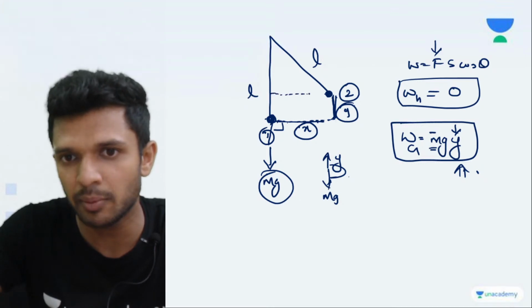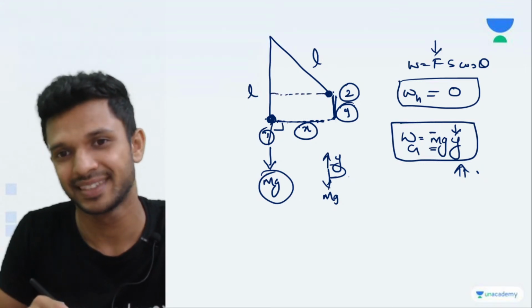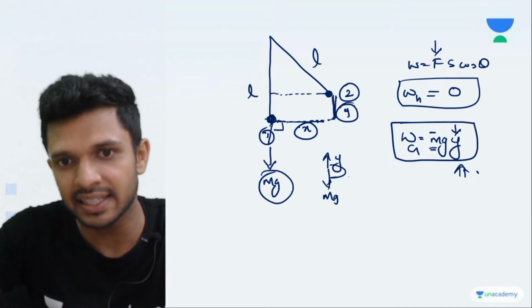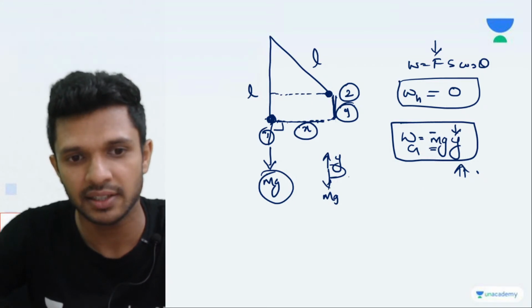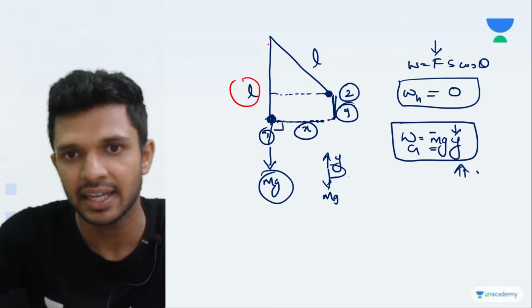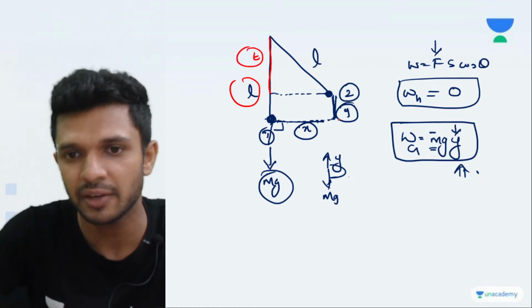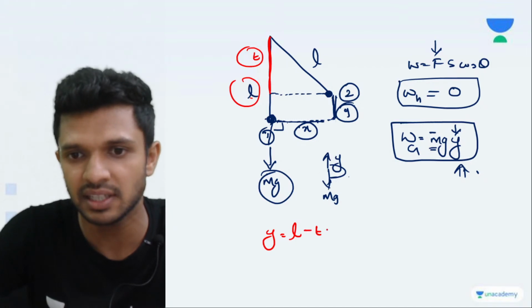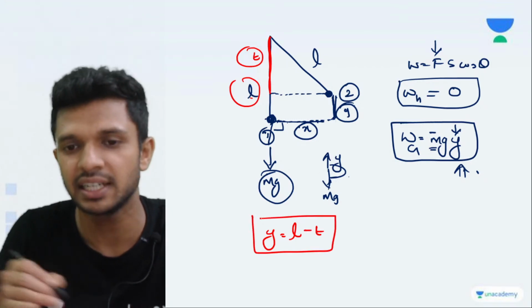What I'm going to do is break this down. The total length is L. Now from the total length L, if I subtract this red length, let's say this is t, won't I get y, the vertical displacement?